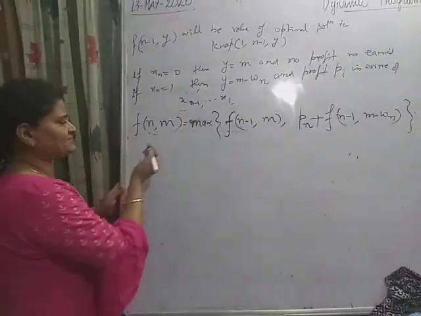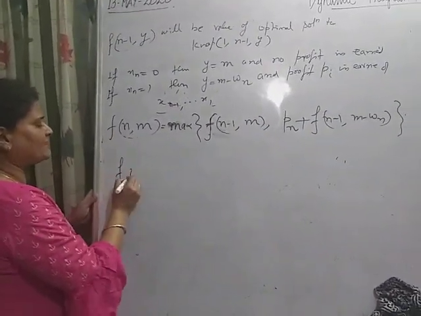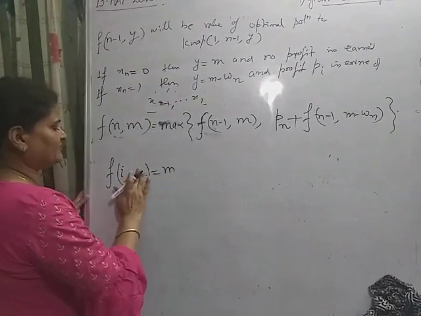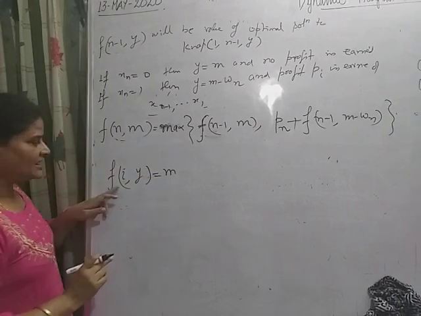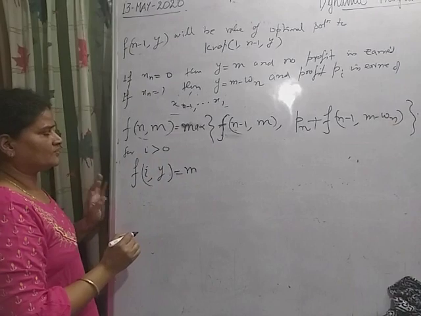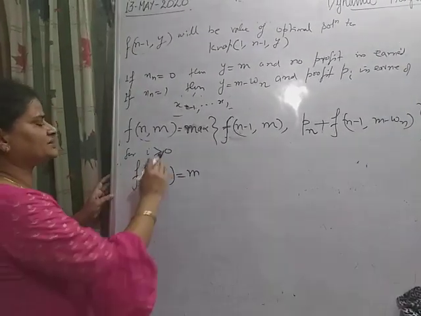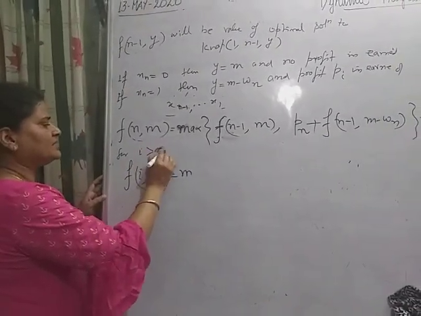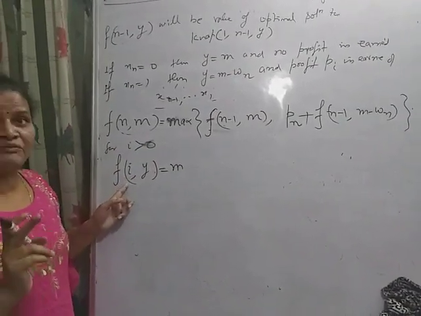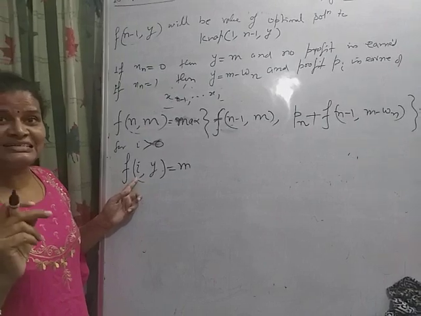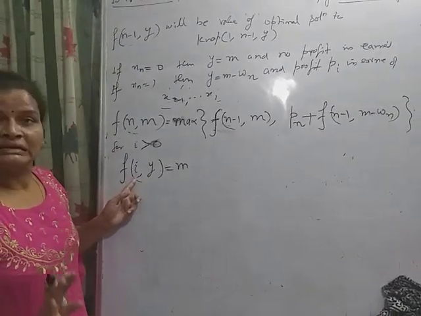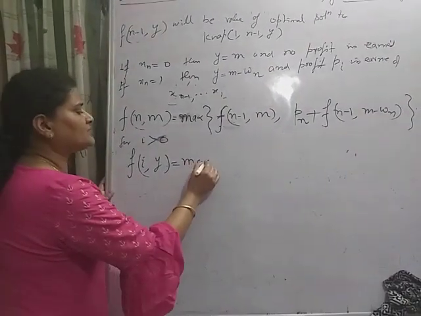We can generalize this using i. So f i y, carefully see, for i greater than 0, when I am computing f i y, it means the decisions for the objects 1 to i minus 1 have already been taken. Now there are two choices.